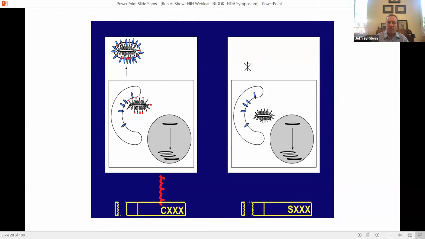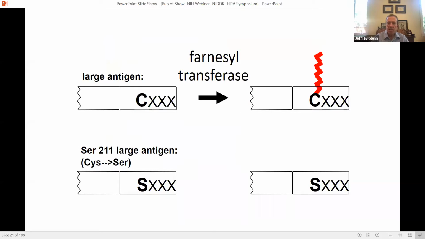And this is essential for mediating the interaction with surface antigen, because if we prevent its attachment to the CAAX box cysteine, there are no particles formed. So if we genetically mutate the CAAX box, we can demonstrate genetically the critical role of prenylation.